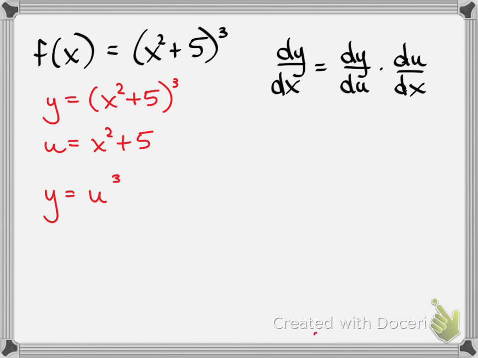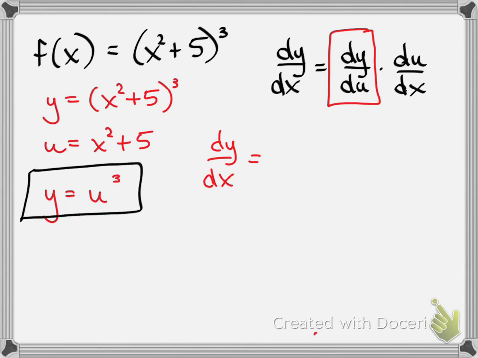Okay. So now let's do dy over dx equals. This says take the derivative of y with respect to u. Well, this is the equation right here that has y being defined with u. So the derivative of this y with respect to u is 3u squared times, and now this is saying take the derivative of u with respect to x.